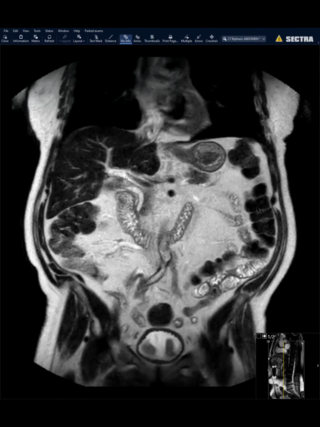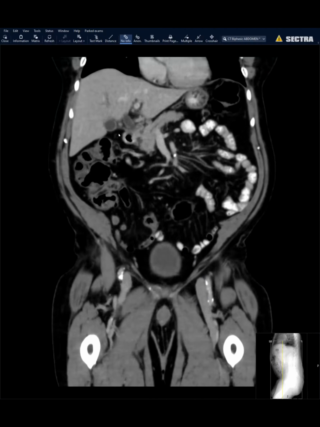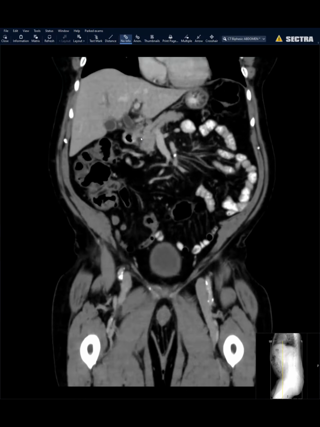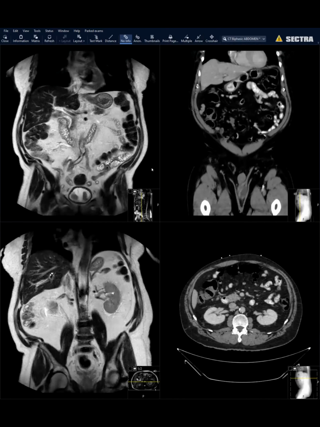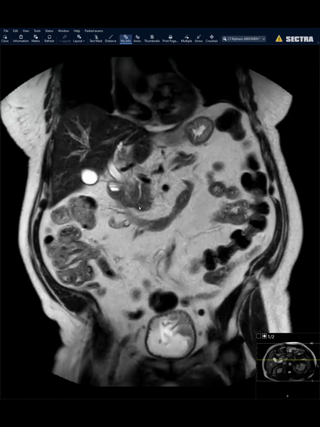That stone has migrated, most likely, and that's why we are having this kind of dilatation over here. It's a low cystic duct also, it looks like. So to prove our point, we asked for a repeat MR. And this is the repeat MR right there.